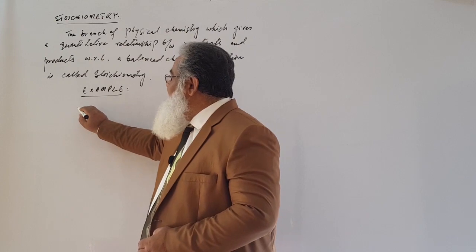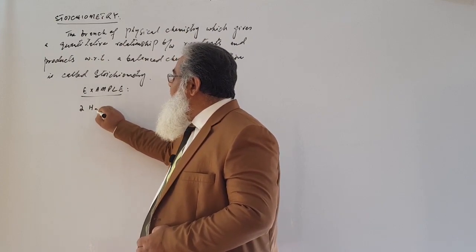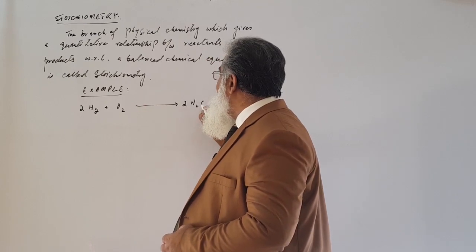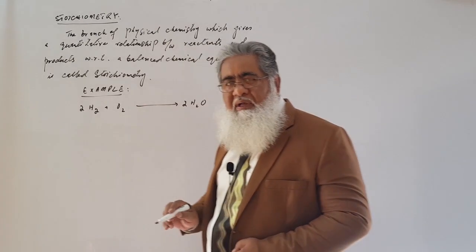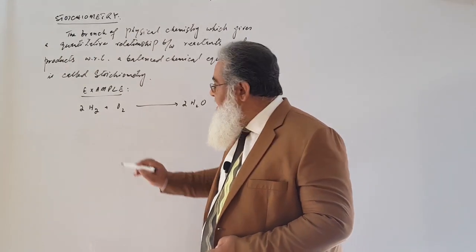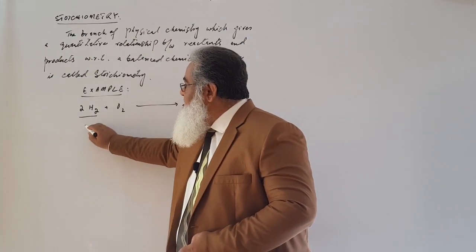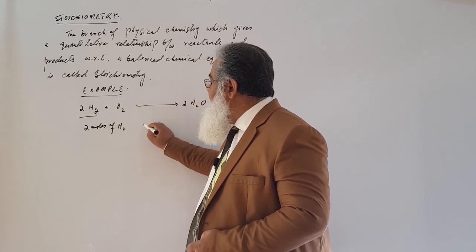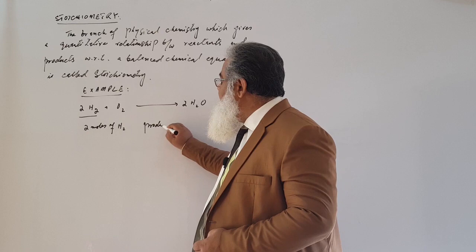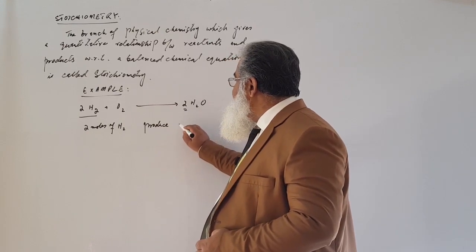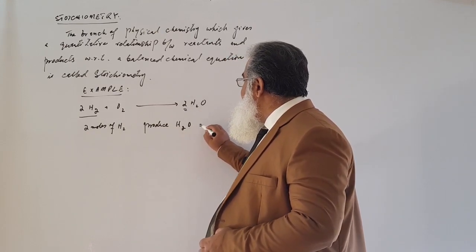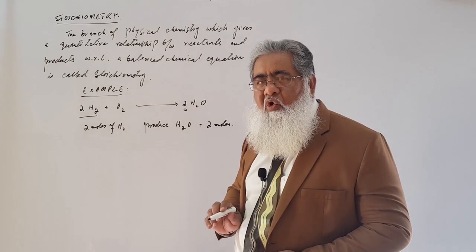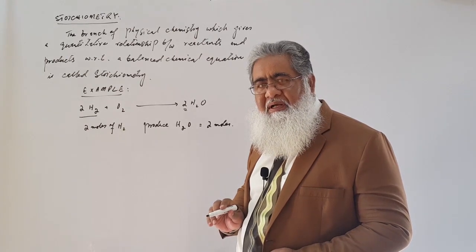With respect to the example of formation of water by the reaction of hydrogen and oxygen, we can find the relationship that 2 moles of hydrogen produce 2 moles of water. This is called the mole-mole relationship.